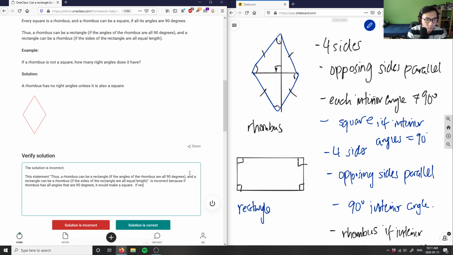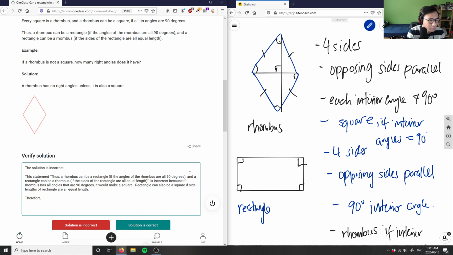A rectangle can also be a square if side lengths of the rectangle are all equal length.